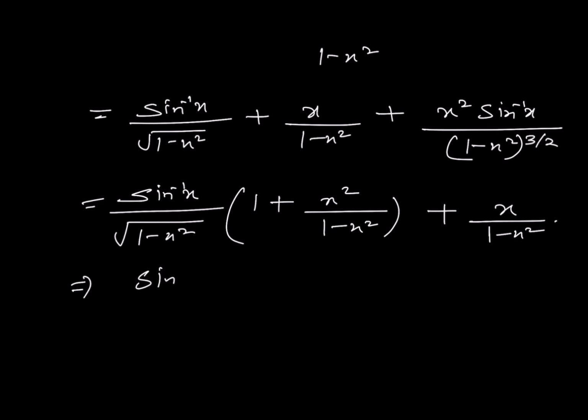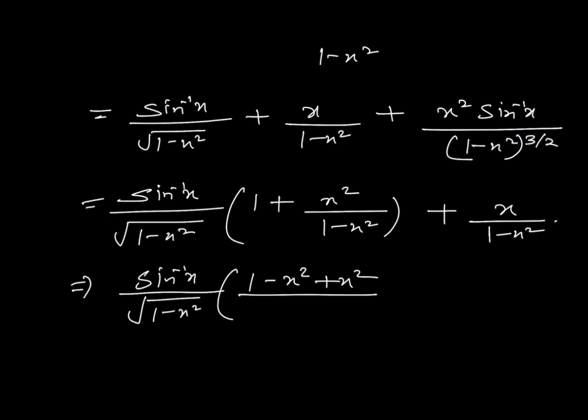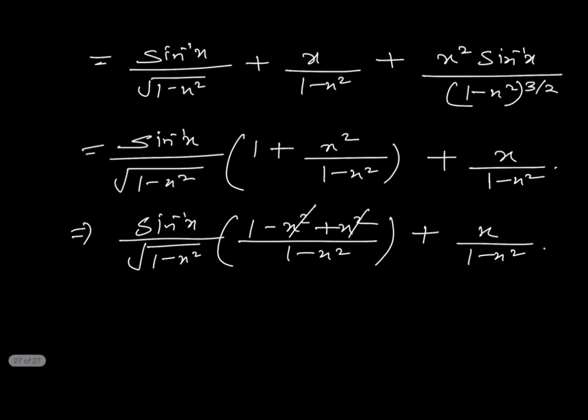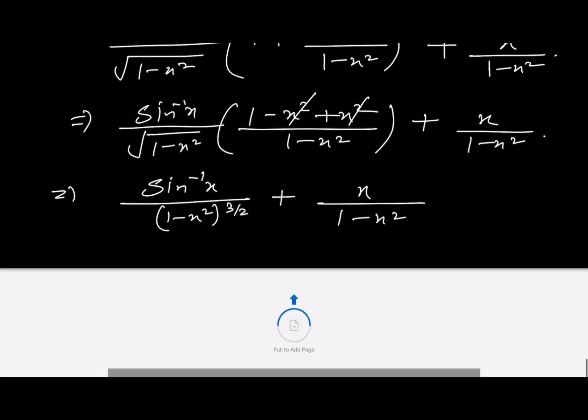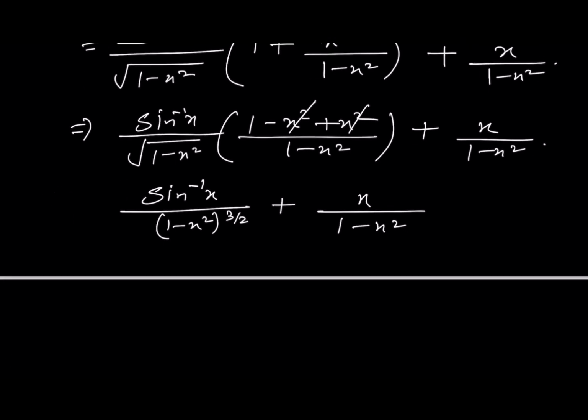After taking the LCM it becomes 1 minus x square plus x square upon 1 minus x square, plus x upon 1 minus x square, right? So now it is sine inverse x upon (1 minus x square) whole power 3 by 2 plus x upon 1 minus x square. This is f'(x).